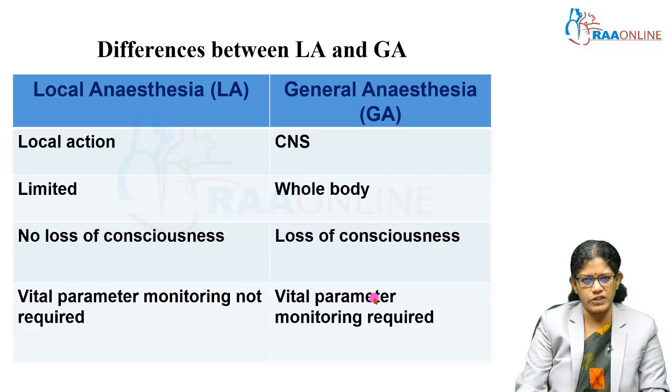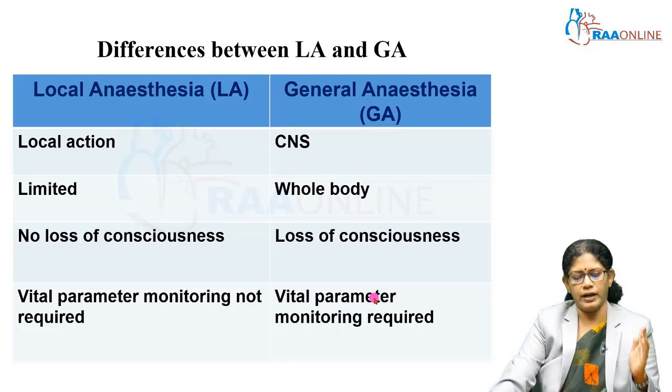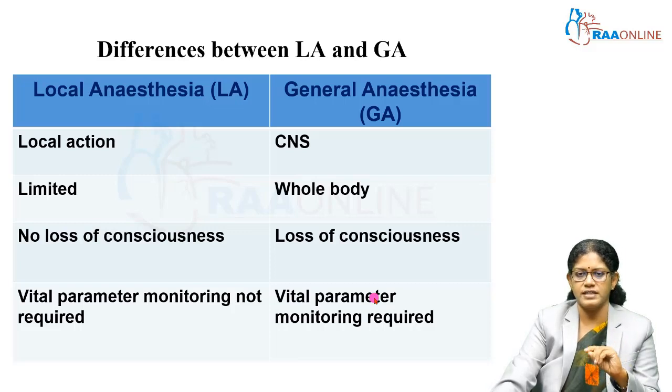Local anesthetics produce action in a specific organ or local part of the body, while general anesthetics involve the central nervous system and produce action throughout our body. There is no loss of consciousness with LA, and reversible loss of consciousness is a major thing which occurs with GA.